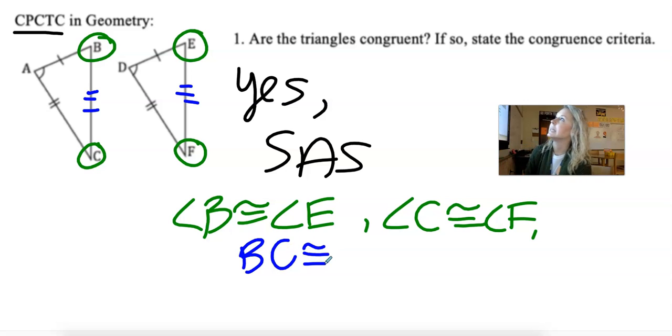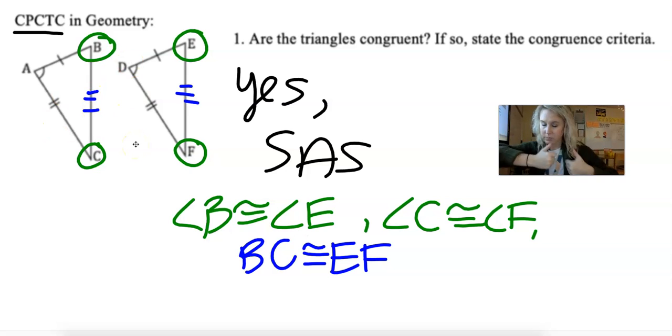I know that BC has to be congruent to EF. Okay, so if you know two triangles are congruent, then you know all the angles match up, and you know all the sides match up. You just have to find their corresponding positions. Okay, and you should be able to tell three pieces of information that are congruent, because they mark three, and then you can deduce three.